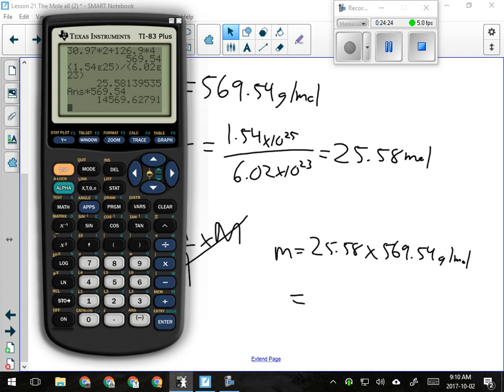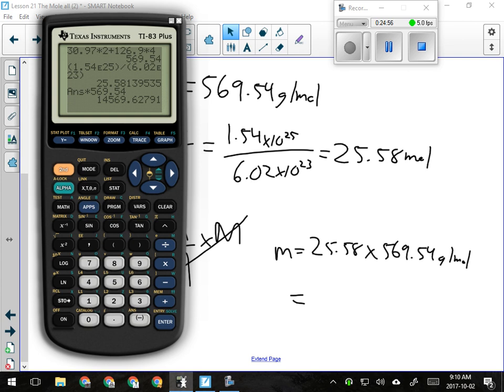All right, we have a lot here. We have 14.5 kilograms of this stuff. That's quite a bit, just over 30 pounds worth. It's 14,569.63 grams. Now, should I write it out that long, or can I put it in scientific notation? Either one, it really doesn't matter that much.